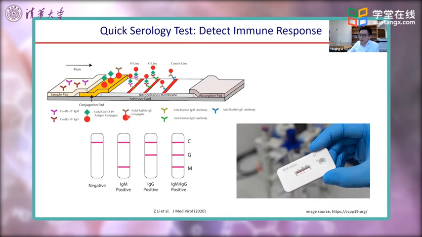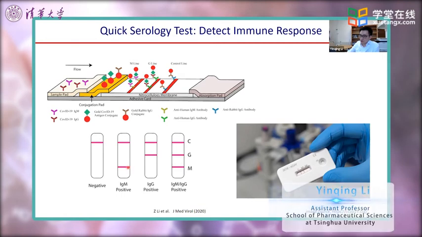And if we have the COVID-19 antibody in the blood, then the first line that attracts the IgM antibody will be able to attract those gold nanoparticles to the line, and so the first line will start to show pink color.